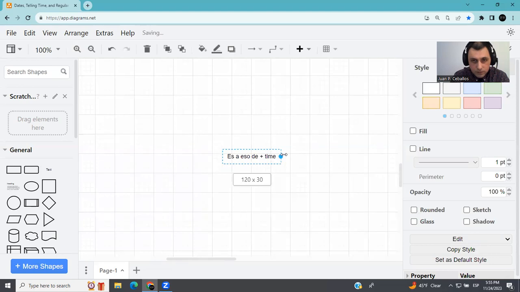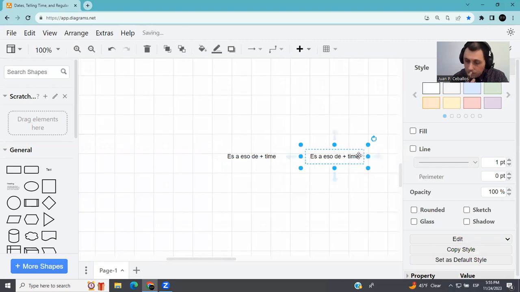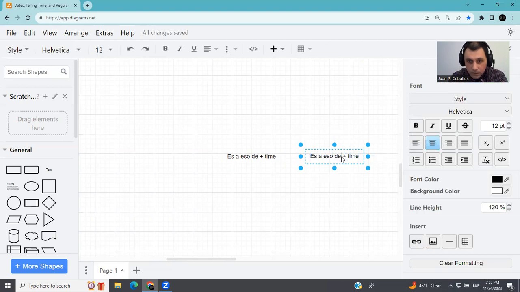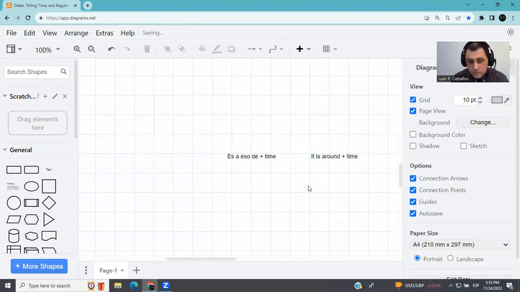This is an expression, which means it will be, it is around. It is around plus time.